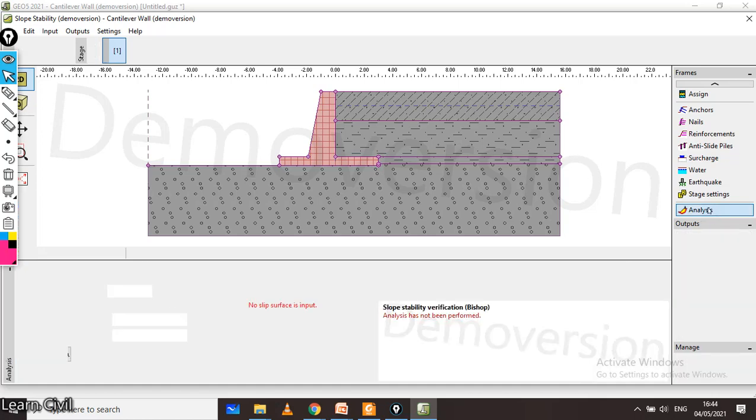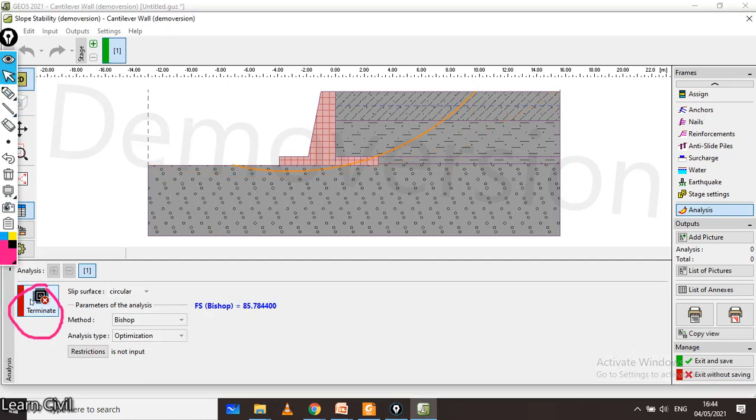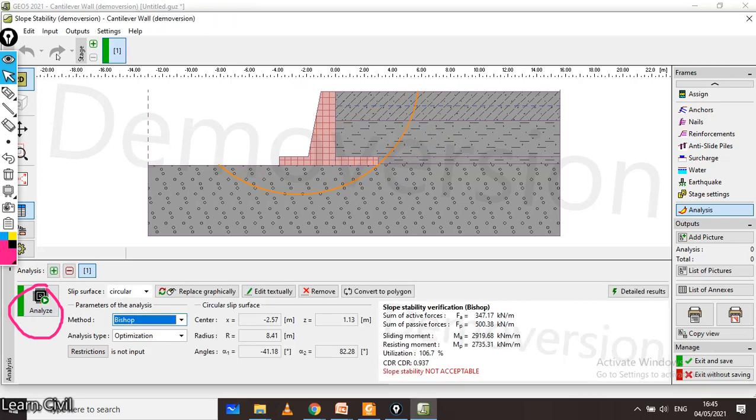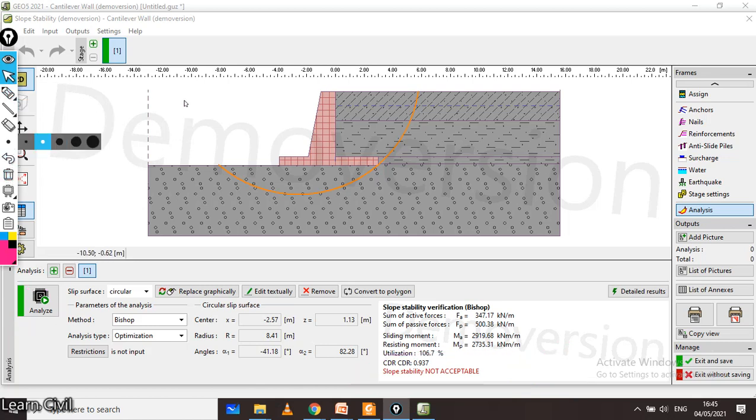Click here and click on analyze. Okay, again the analysis will run. Wait till the analysis is completed. You can again see here, slope stability not acceptable, means these dimensions are still failing. So we have to again increase the dimensions of this retaining wall.